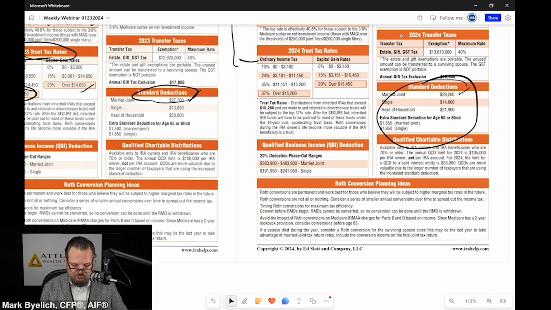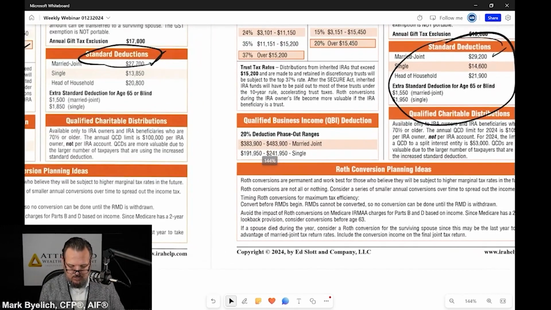And if you're over 65, that went up $50 apiece, from $1,500 to $1,550 in 2024, and for single filers that went up a full $100, from $1,850 to $1,950.